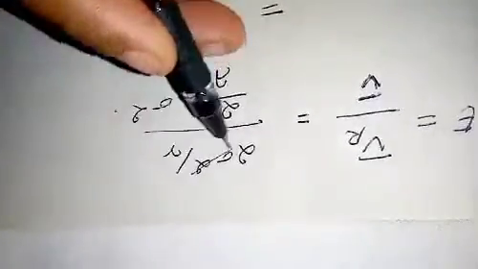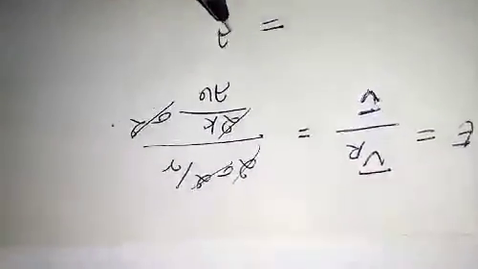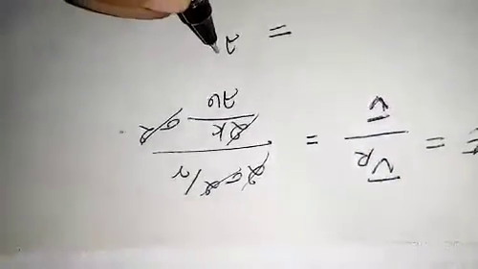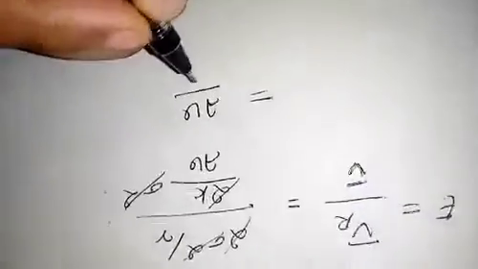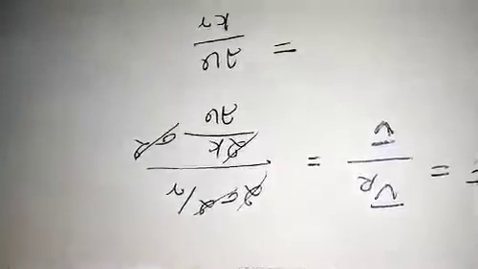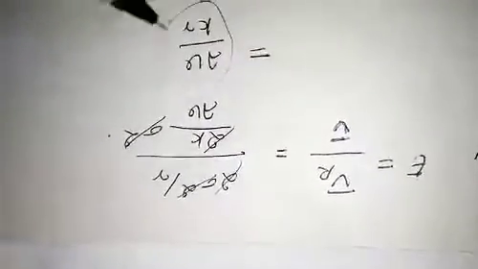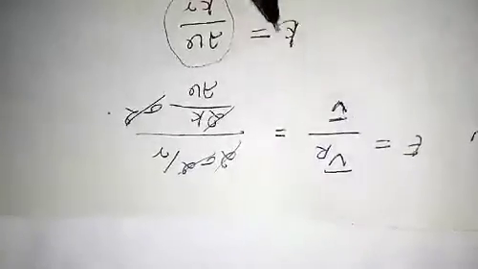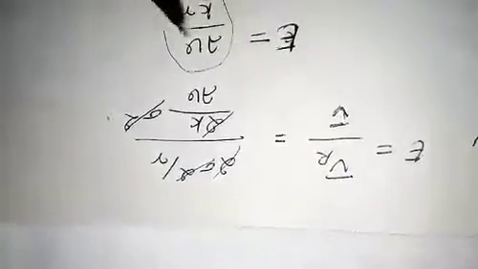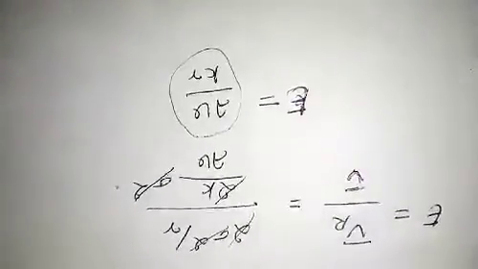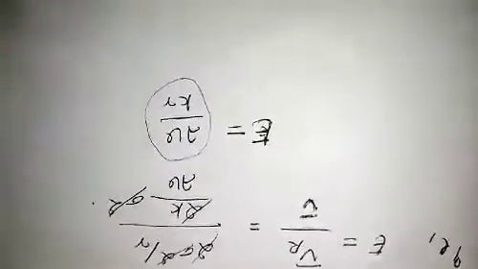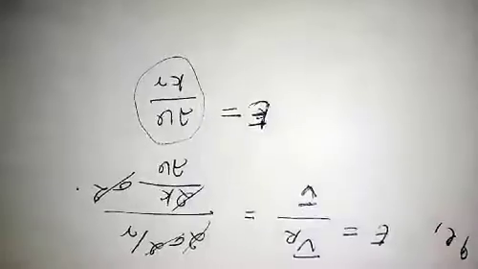Here sigma square cancels, 2 cancels, and the value equals lambda V divided by K R, right? Then we want to know whether this E is less than 1 or greater than 1. Then we can compare which one is more efficient.